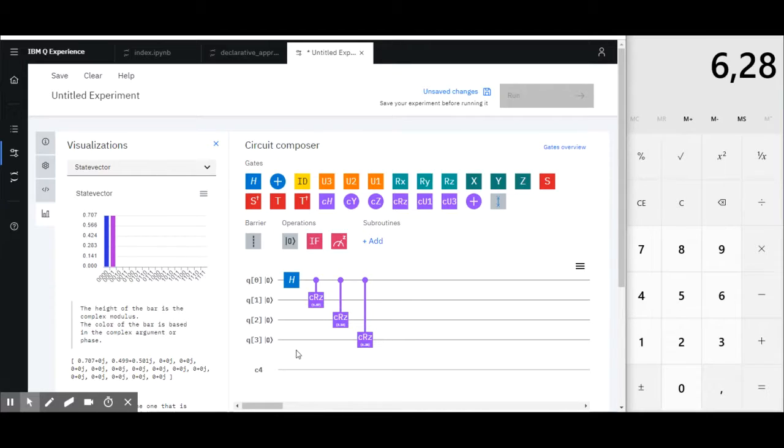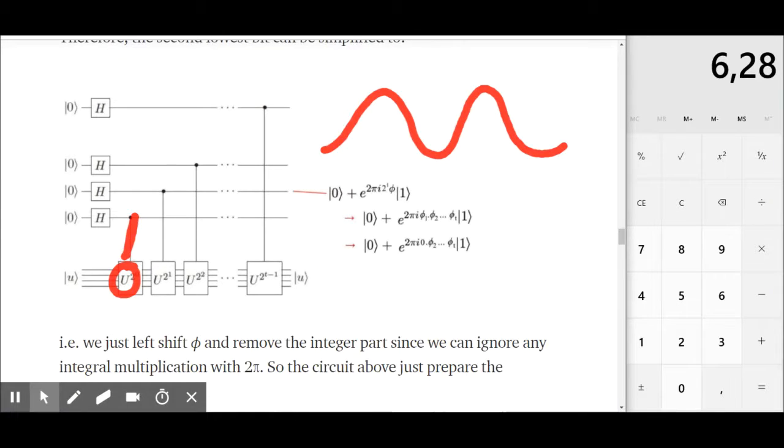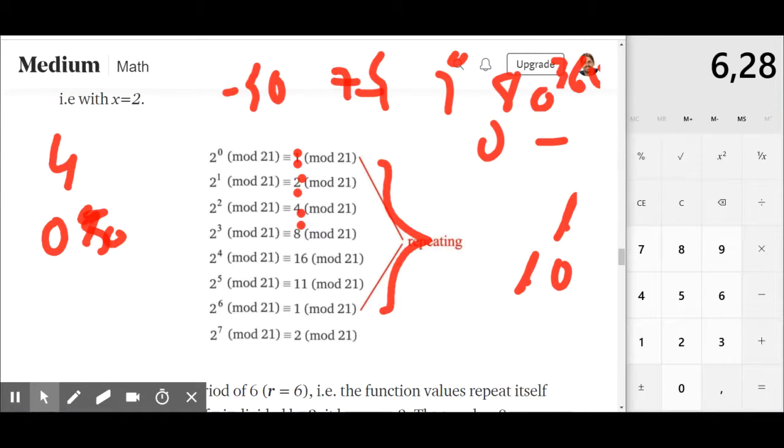So the idea here is that if I would then add those, you would get almost a full rotation, because that's how you want the phase kickback to come here. That's the concept.